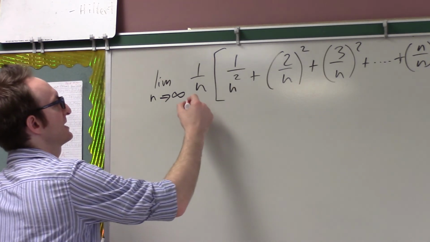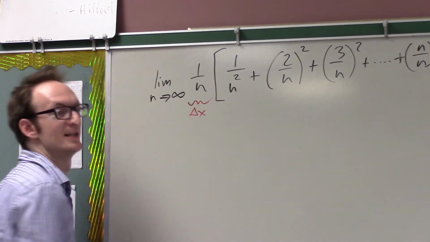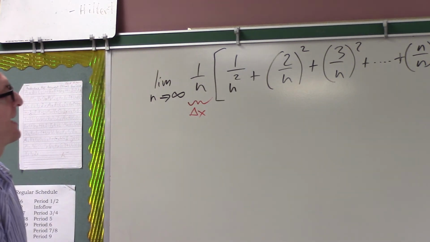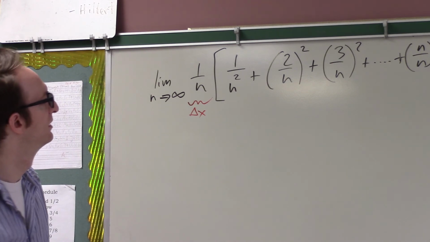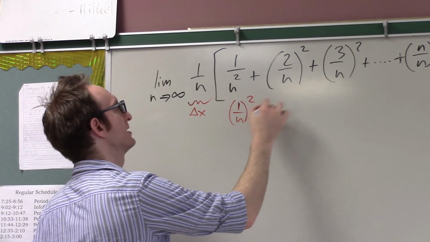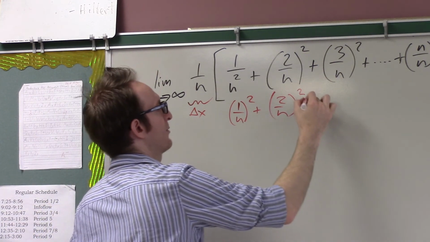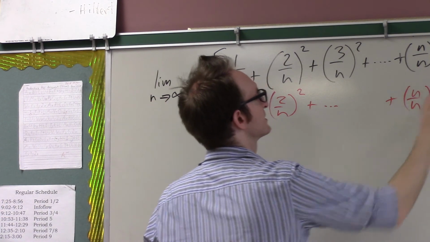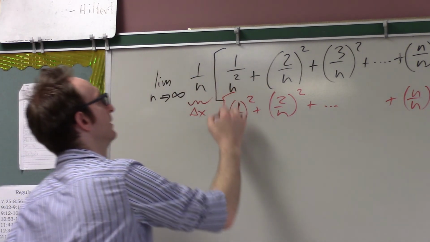Does this kind of look like the delta x part to you? It does to me. And now here I'm adding up a bunch of things. What kinds of things am I adding up? I'm adding 1/n squared plus 2/n squared. Why might I be doing something like that? And ending with n/n squared.